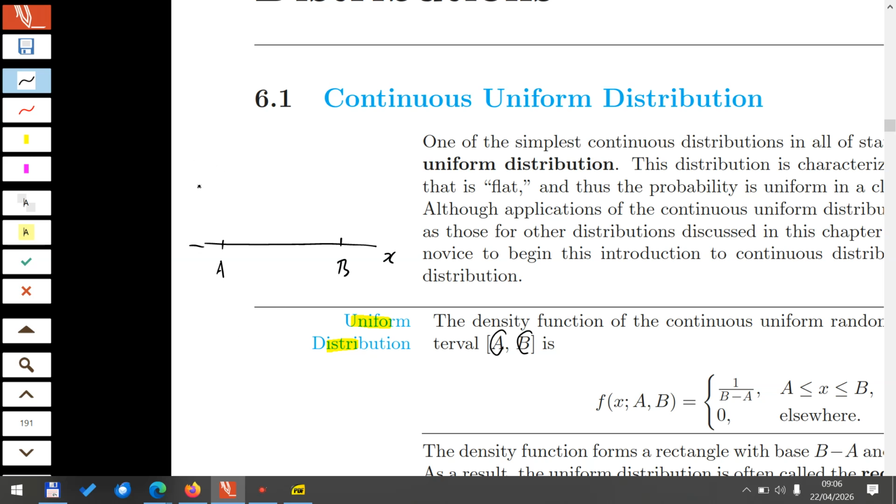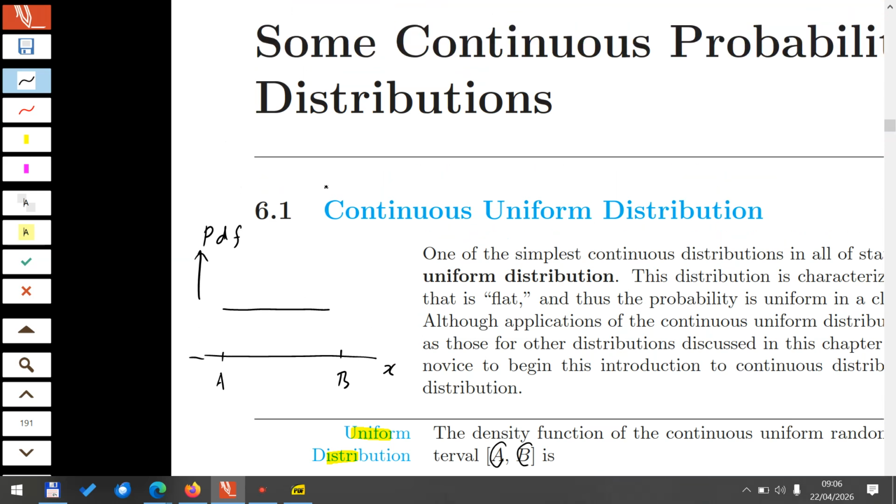So if you now plot the PDF, we need PDF because we are talking about a continuous random variable. If it was discrete, we would be talking about PMF. So if we plot the PDF and the PDF turns out to be a flat line, a flat line, not changing, right?